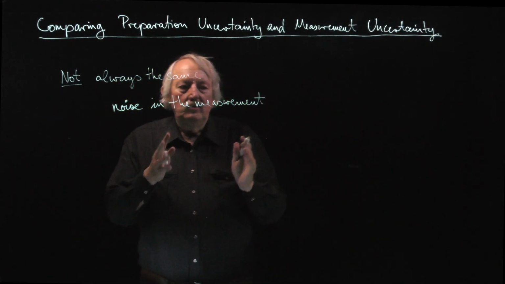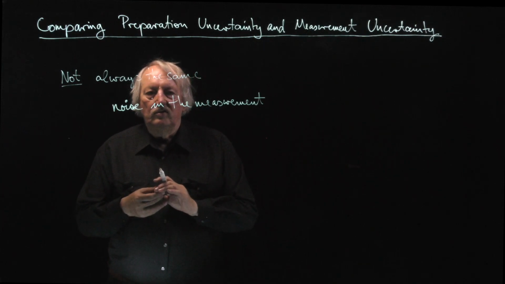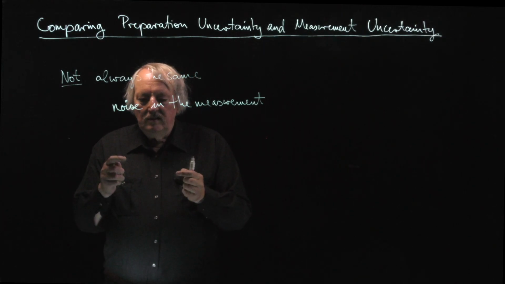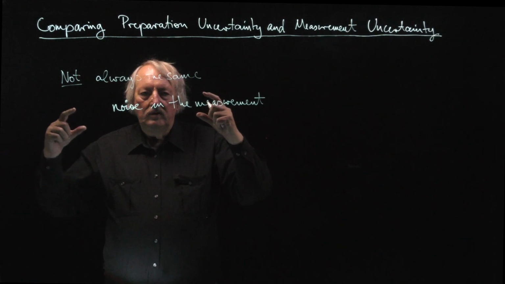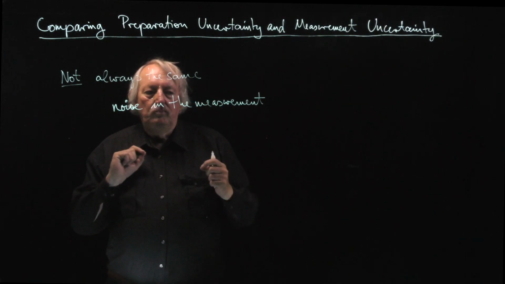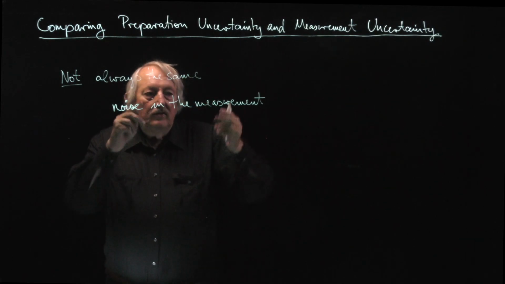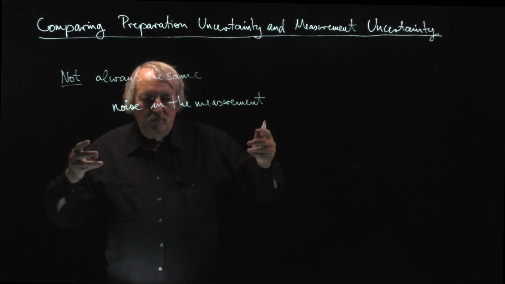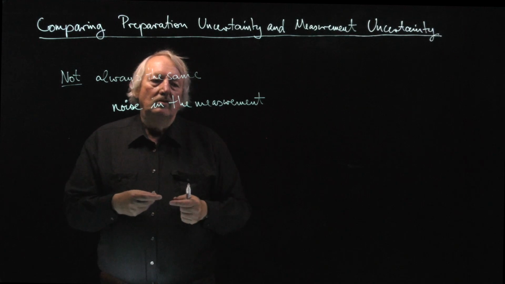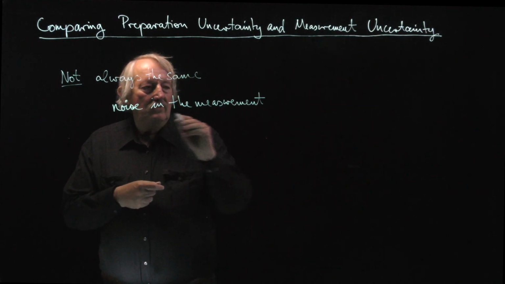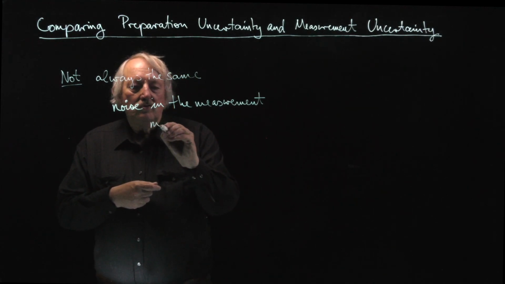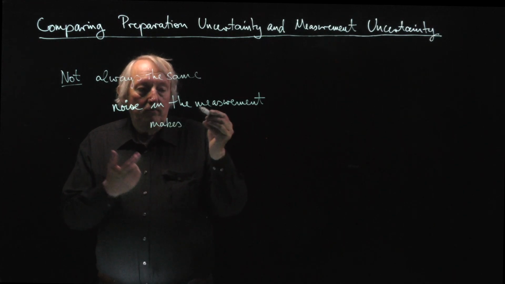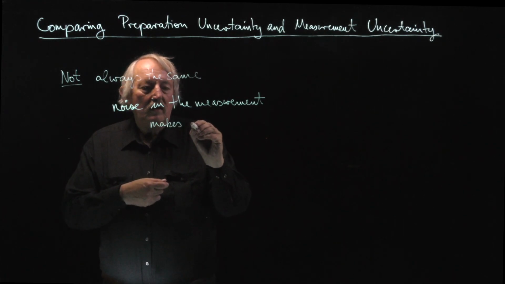Well, what happens when you look at preparation uncertainty? Preparation uncertainty is the task to make the distributions as sharp as possible. Now, if there's noise in the measurement, you're messing up things in the first place. So the measurement itself has a certain noise, and certainly the noise in the measurement makes sharp preparation harder. So let's say it makes preparation uncertainty larger.